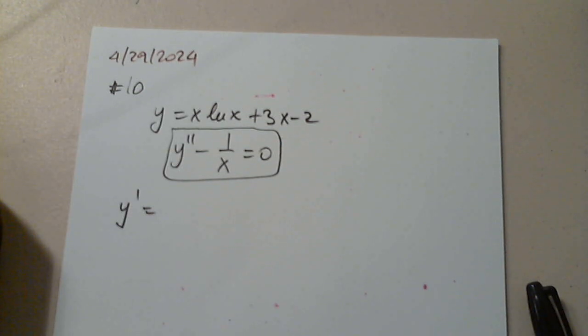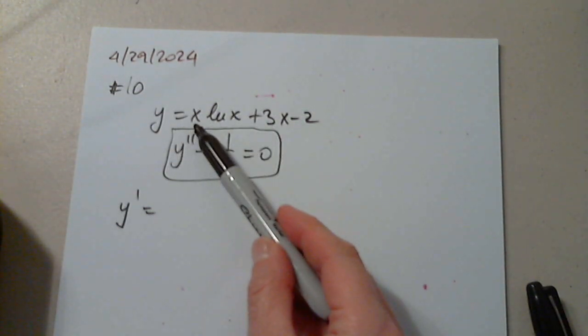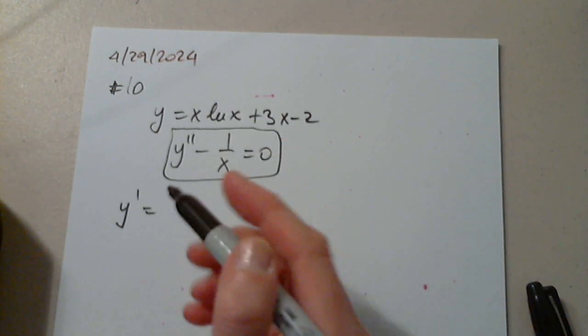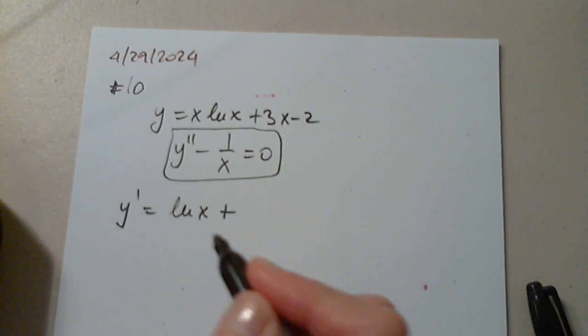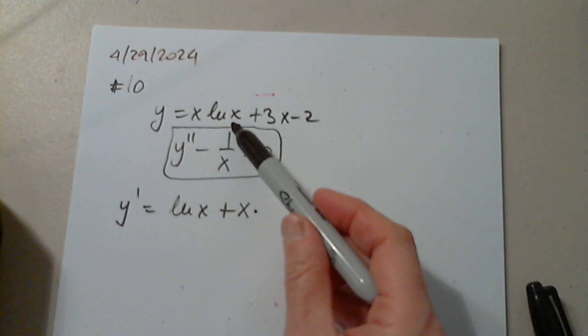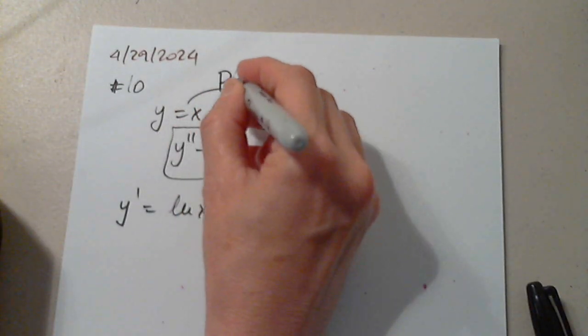ln of x plus y plus 3. Yes. So the first function prime is 1 times ln x plus the first function times the second function prime. So this is the product rule.